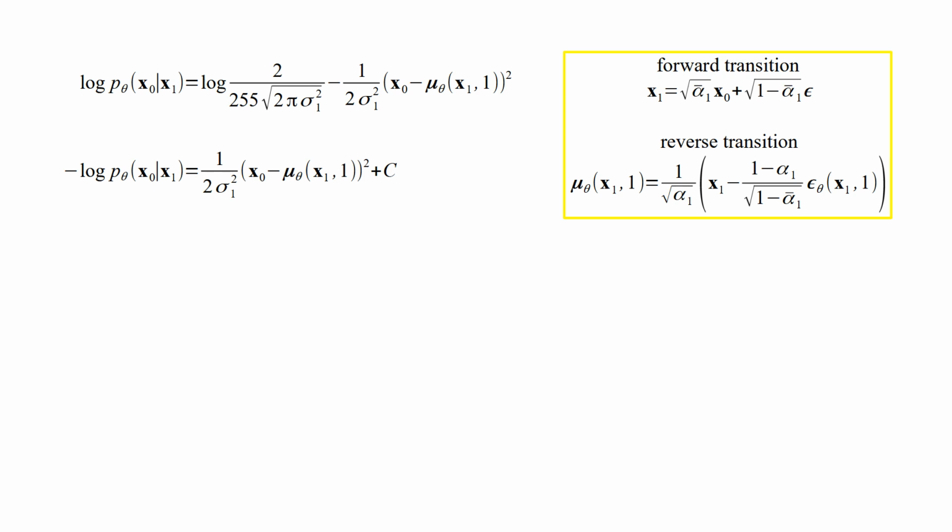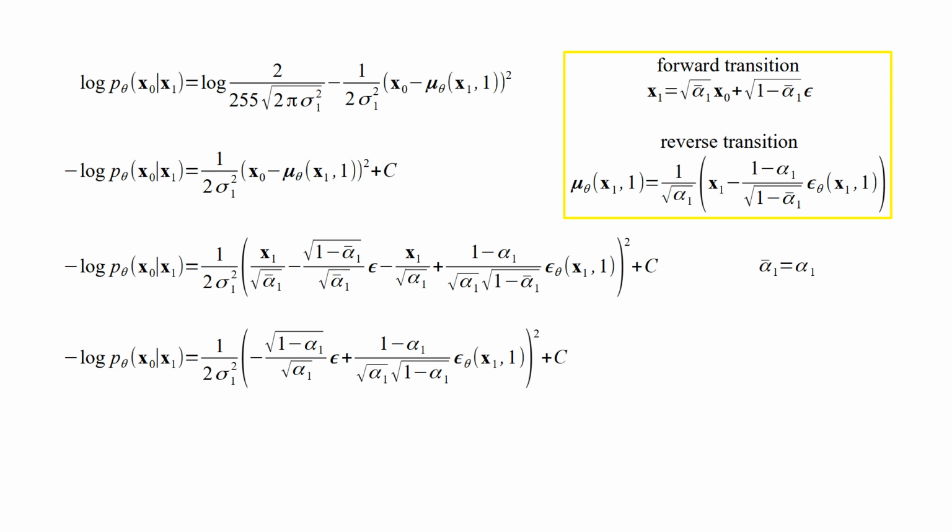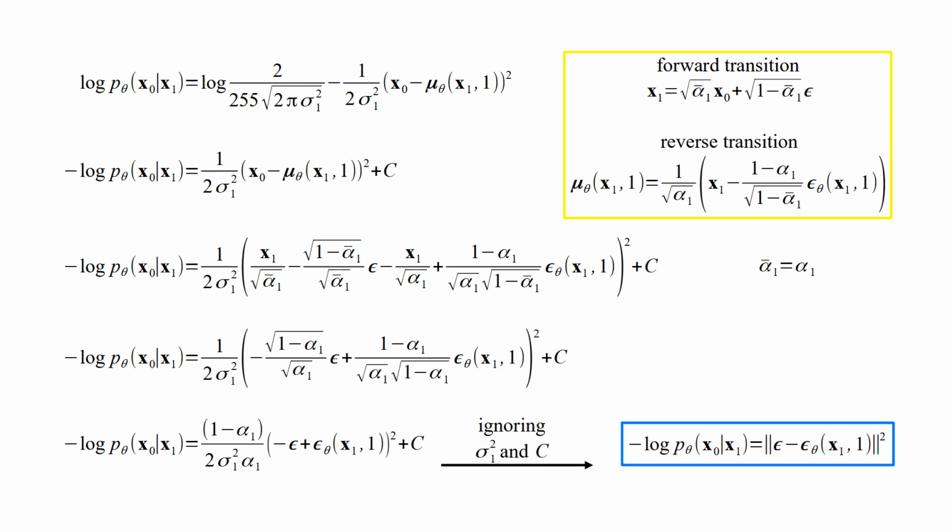Use forward and reverse transition equations. Note that alpha bar 1 is equal to alpha 1. Ignoring variance and constant term, the resultant expression is equal to simple loss.